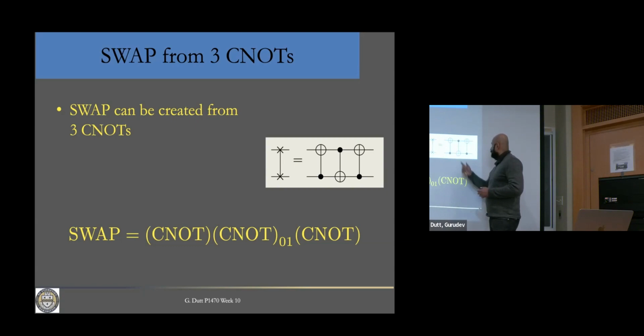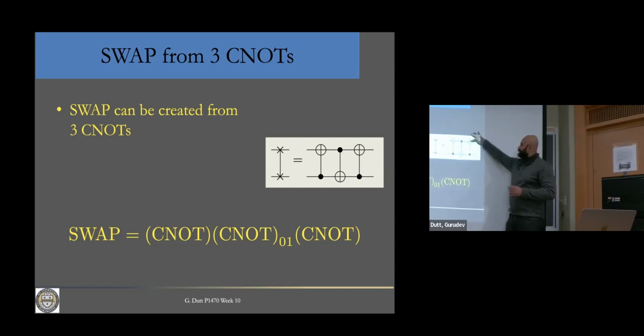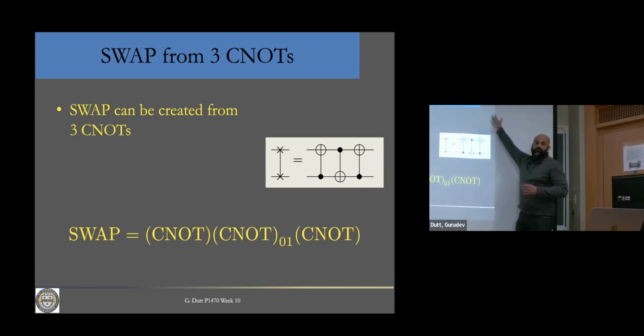As an example, the swap is an operation that can be created from 3 CNOTs. So if you have a way to keep doing CNOT, you can build up enough that you can do a swap between any 2 qubits. You can do this between 2 qubits, and then you can take that one and swap it with the same CNOT gates with another qubit further away, which is closer to it on the chip, and so on and so forth.